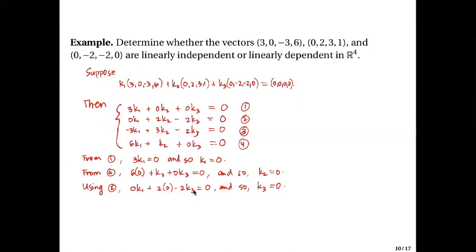Negative 2K3 equals 0, and therefore K3 must be equal to 0. We don't even have to use equation 3. Even if you use 3, the K1 and K2 terms are 0, so you are forced to have 2K3 equals 0, and therefore K3 equals 0.